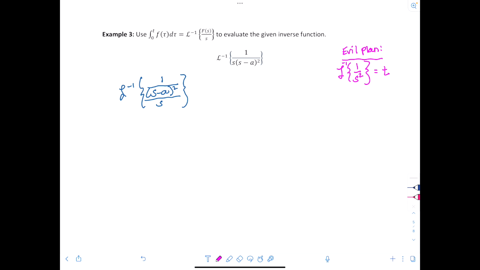And so here, you'd be looking at the inverse Laplace transform for this 1 over s squared, where s is approaching s minus a, right? And so that ends up being what? You'll get your t from the 1 over s squared, but to represent that shift of a units, you'll have e to the a t.